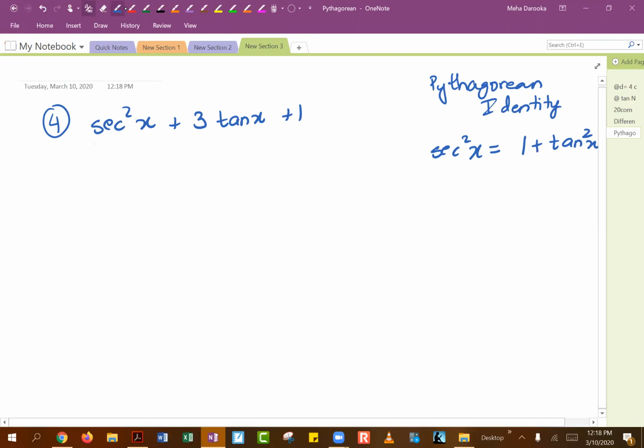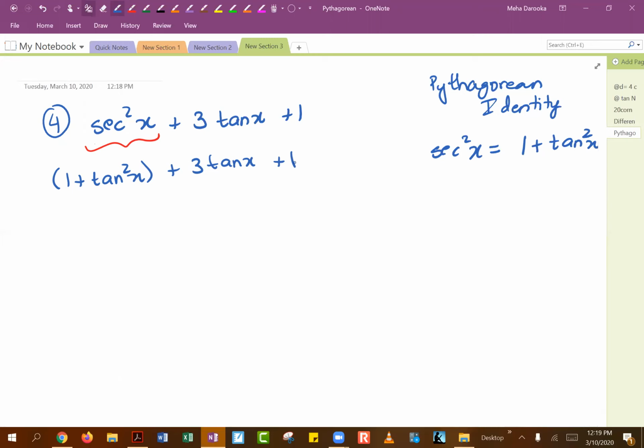So this is where you're going to be making the substitution, keeping the middle term the same, and of course the constant term the same. Now how do we clean this up? What do you do?